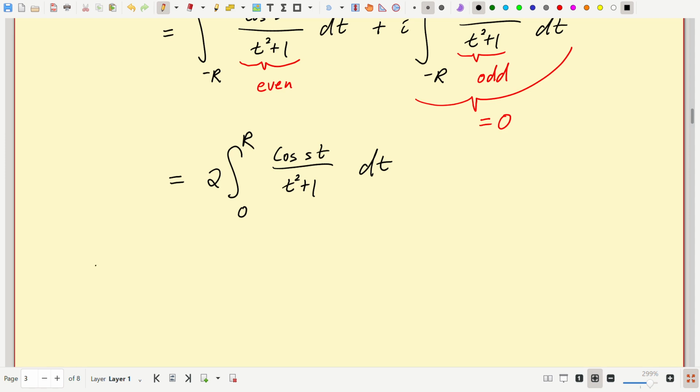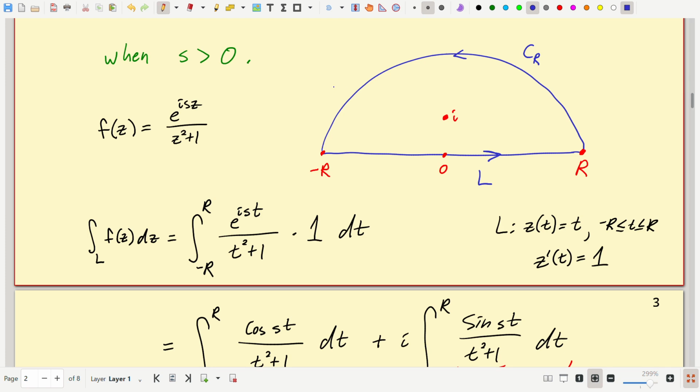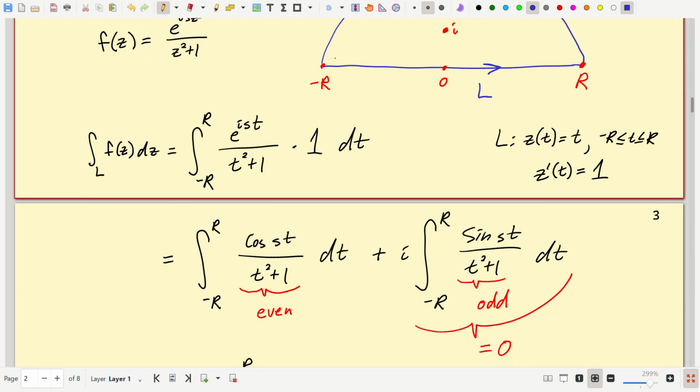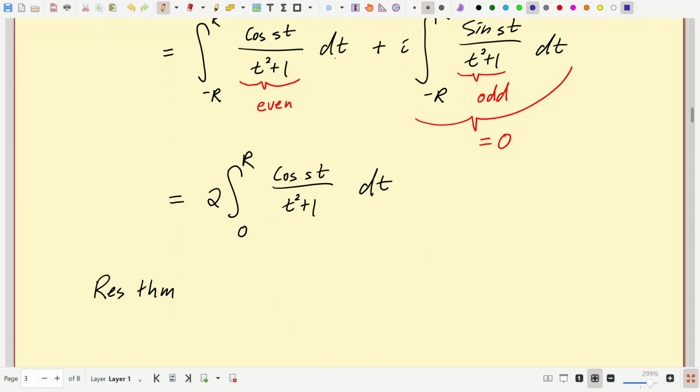Okay, the residue theorem is going to tell us that the integral around that whole thing, which I'll call gamma, of f dz is 2 pi i times the residue at i of f.